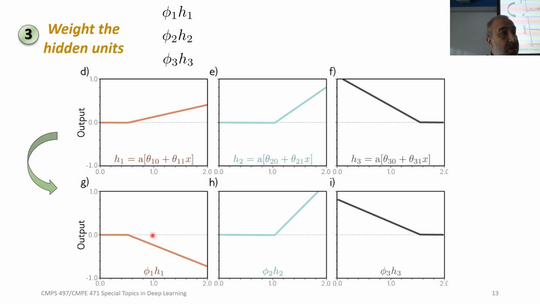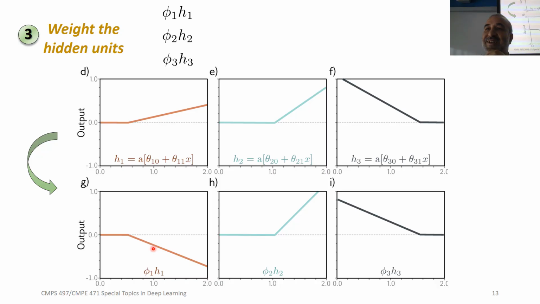Oh, you mean this one? Because when we multiply a positive value by a negative value, the result is negative, right? So it switched the sign.